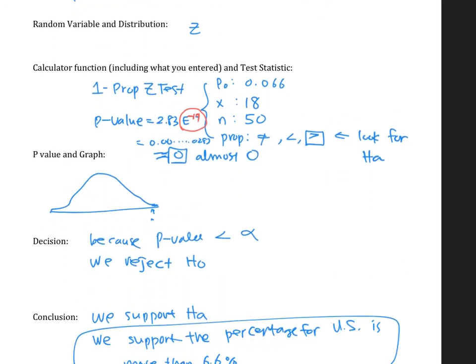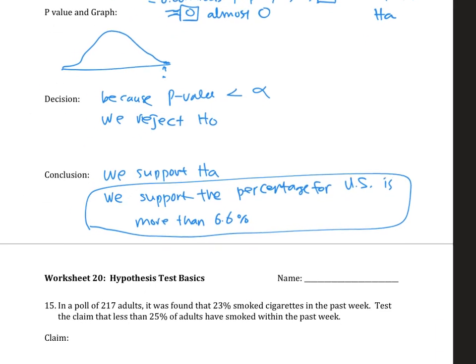I know I'm repeating the same thing, but for the conclusion, I'm going to write down the whole statement. For the quizzes and exams, I know it's kind of redundant, but I'm going to have you write down the claim again in some ways, because in the newspaper, in the article, this part is what you see. So I just want to make sure that you can write that.